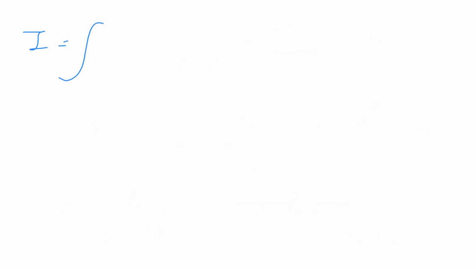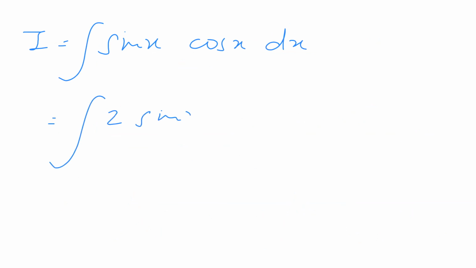Integration of sin x cos x dx. Okay, so I'll multiply and divide with 2. We need to understand one thing over here. There is nothing called as product rule or quotient rule in this chapter of integration.